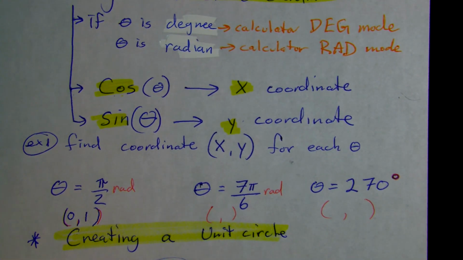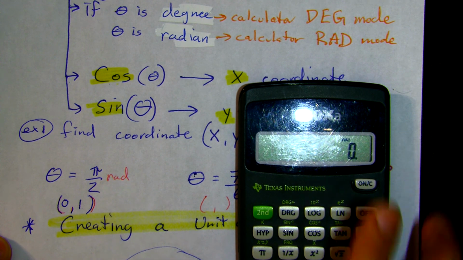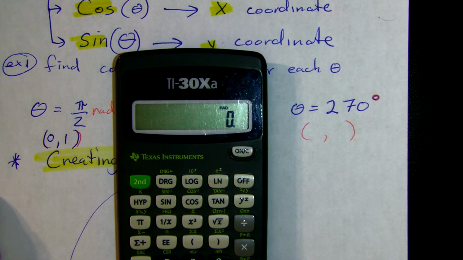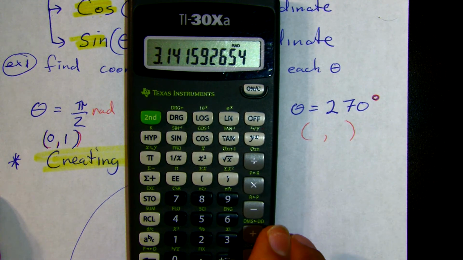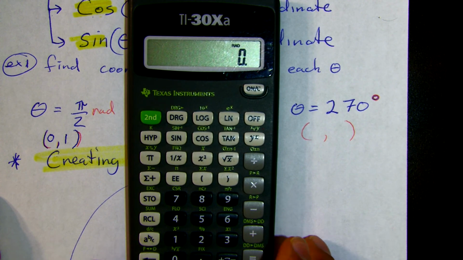0, 1. Give me thumbs up, sideways, down if that's the point you got. Get out your phone if you don't have a calculator. You can do trig functions on your phone. I'll show you what I did here. I'm in radian mode, so now I can do pi divided by 2 equals, and then I push cosine. 0.